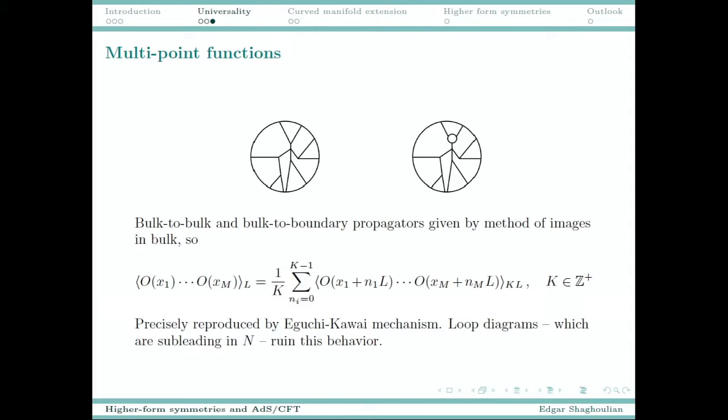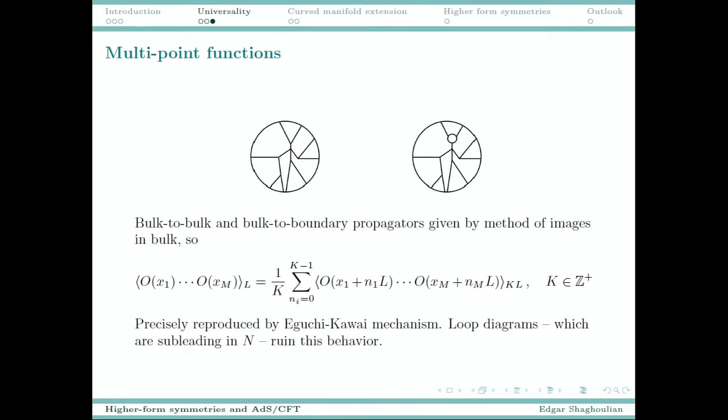Then that object also, from the bulk point of view, can be written as a sum over images, because the atoms of this Witten diagram are bulk-to-bulk and bulk-to-boundary propagators. And again, these have this nice property that if you quotient the space-time, the new propagators are given by sums over images. So a generic m-point function is given by this.